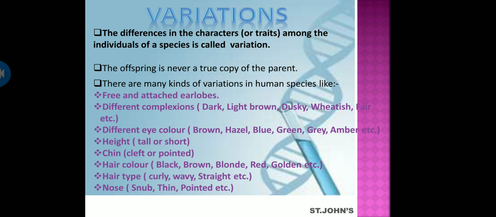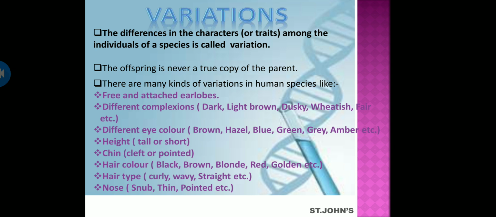Height tall or short, chin cleft or pointed, hair color black, brown, blonde, red, golden, etc. Hair type curly, wavy, straight, etc. Nose snub, pin pointed, etc. So these are the various kinds of variations seen in human beings.